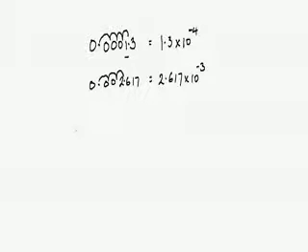So let's say we've got 3 times 10 to the power of 6 times 2 times 10 to the power of minus 3.